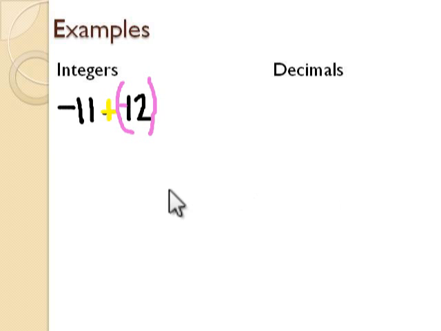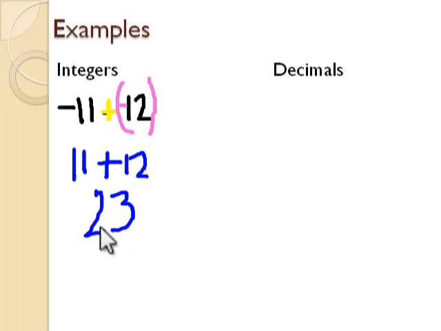So just like I did before, when I have an addition problem now, I ask myself the question, are the signs the same or different? They're the same. When they're the same, I'm going to add the absolute values. So I'm going to do 11 plus 12 and keep the signs. So 11 plus 12 is 23. And if I keep the sign, that means I'm going to keep that negative sign that they both have here and here.